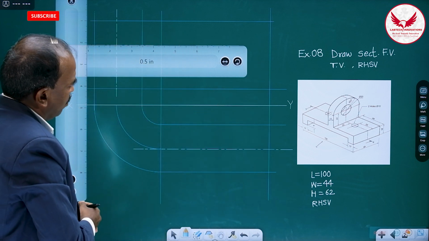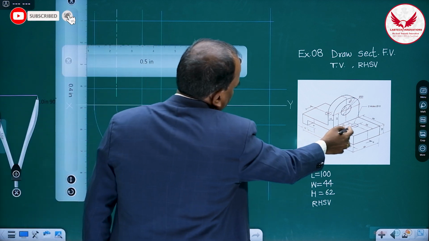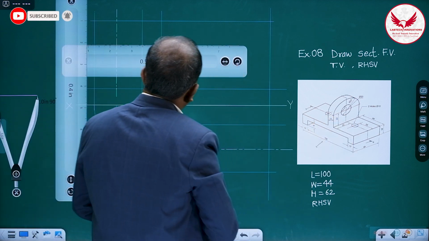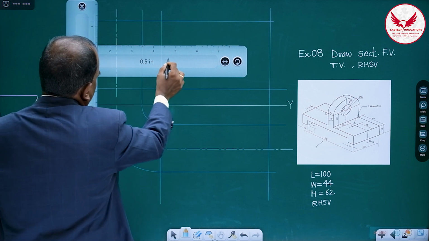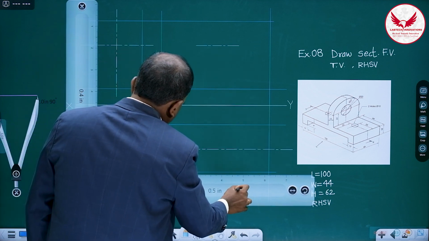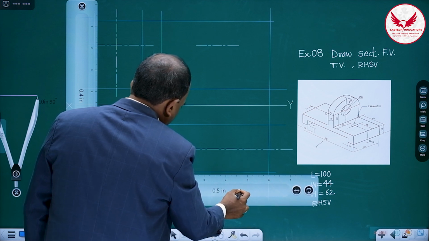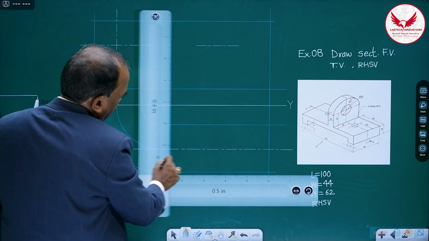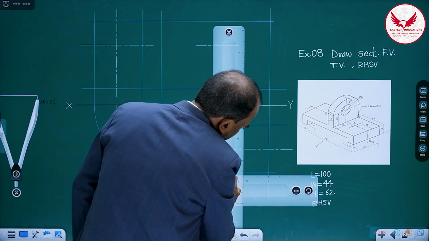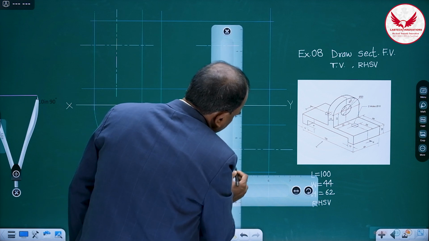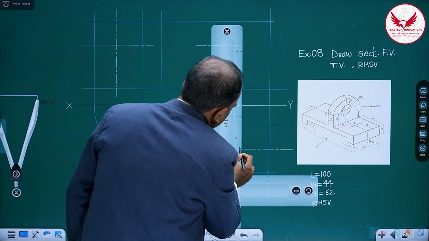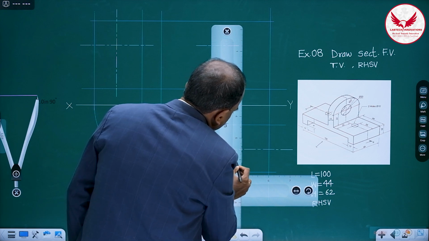At the same time, for these two holes, we can also mark two center lines. From this side at a distance of 25, at a distance of 25, this is the center line.